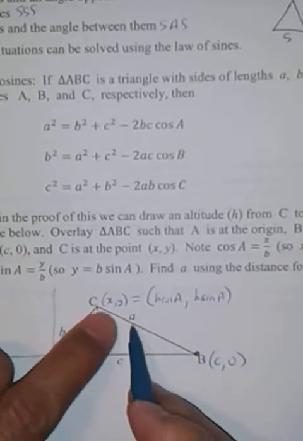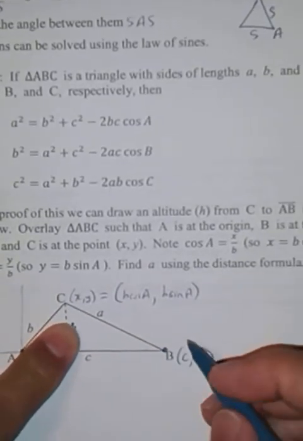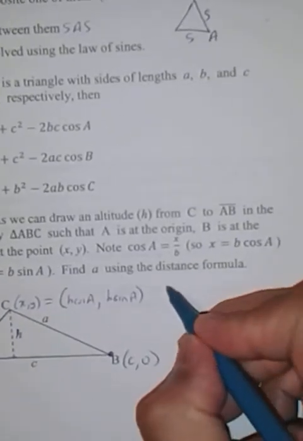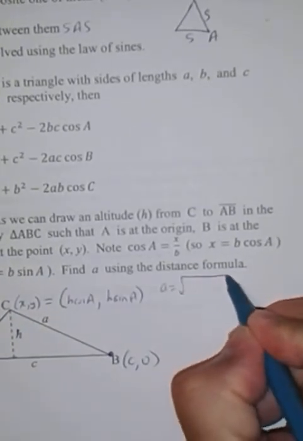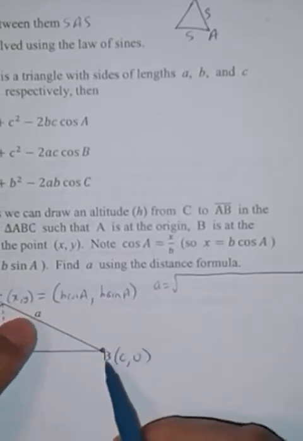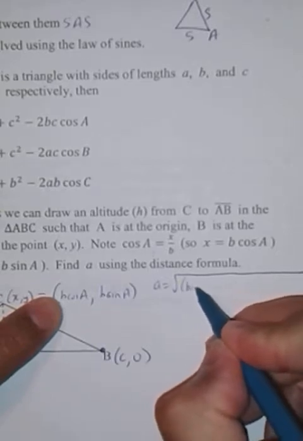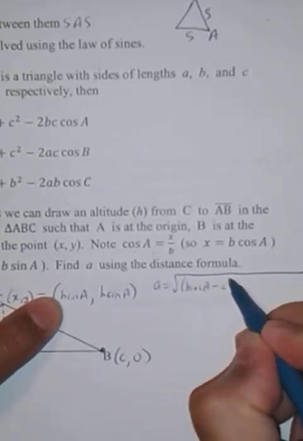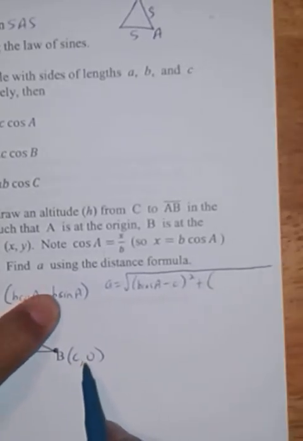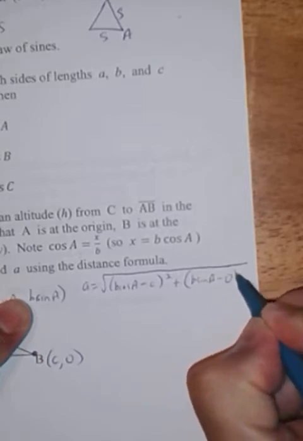Then we're just going to find this distance right there. The distance a is the square root of, using the distance formula, the difference in x, b cosine A minus c, squared, plus the difference in y, b sine A minus 0, squared.